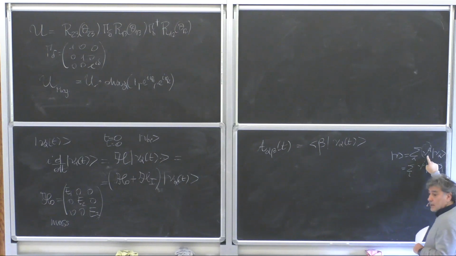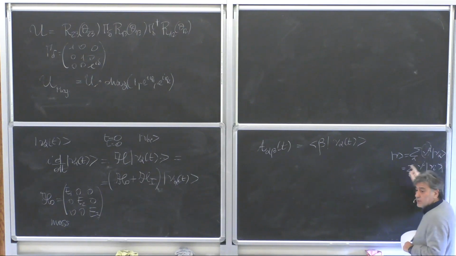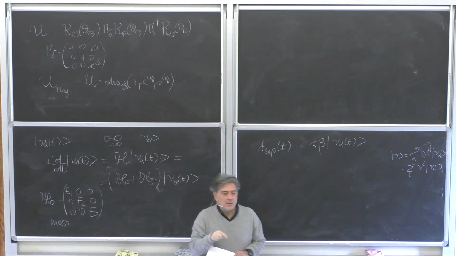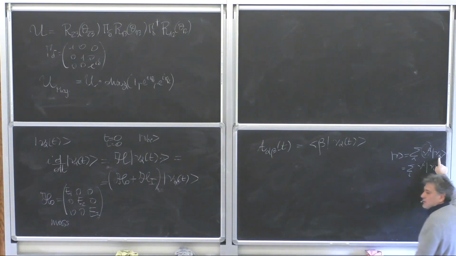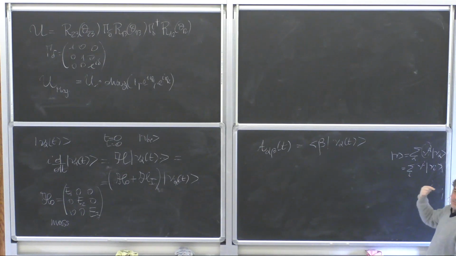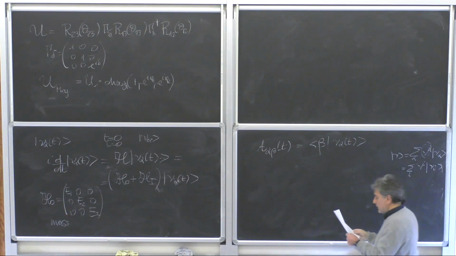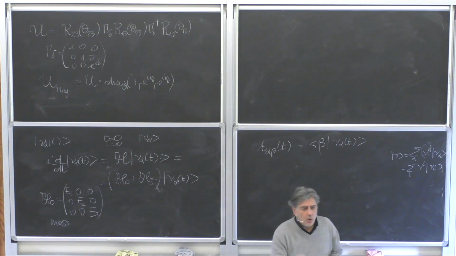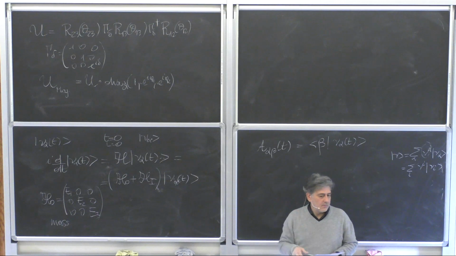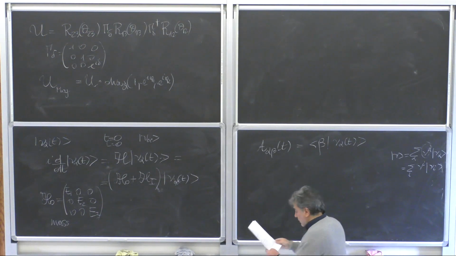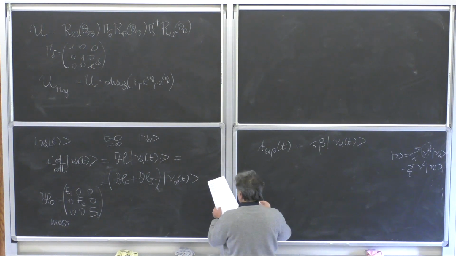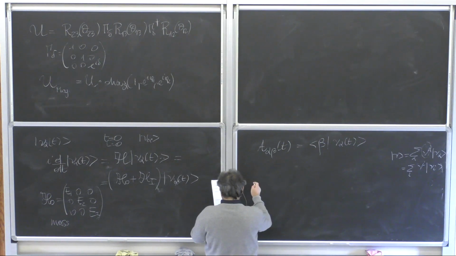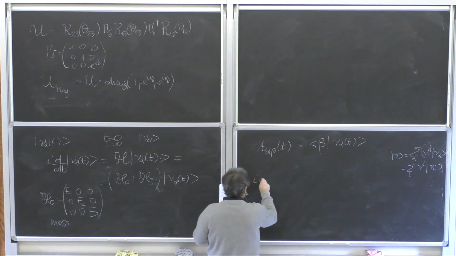Now, as I told you, these components transform with the U matrix, while states transform with U star, the complex conjugate. Now, with some steps, and you always insert the identity to prove these steps, you can see that the final equation is this one.